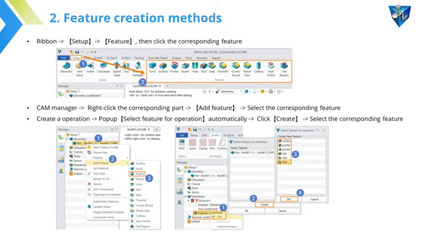Second one, in CAM Manager, right-click on the part, then Add Feature, then select the corresponding feature. And the third one, when you create a new operation, the Select Feature for Operation dialog box will pop up automatically. Then click the Create button to select the corresponding feature. After that, you can go ahead to select the features from the model.